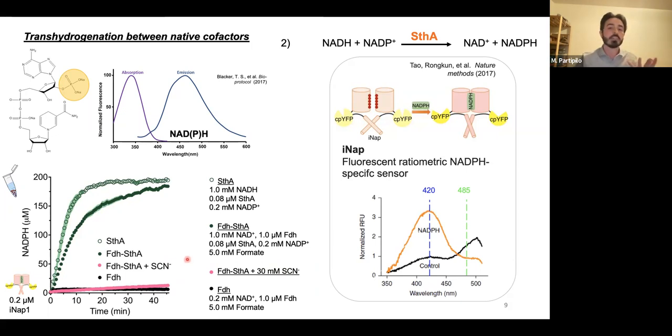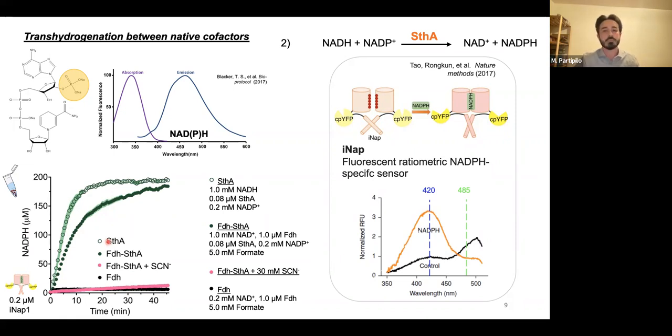But also when we tried to check the specificity of the sensor for NADPH, for instance, monitoring the FDH reaction, here shown in black, you can see no change of the ratiometric signal, and then no formation of NADPH could have been detected.